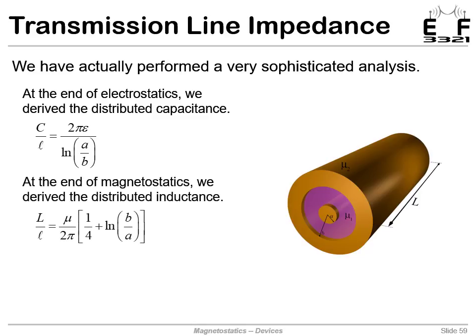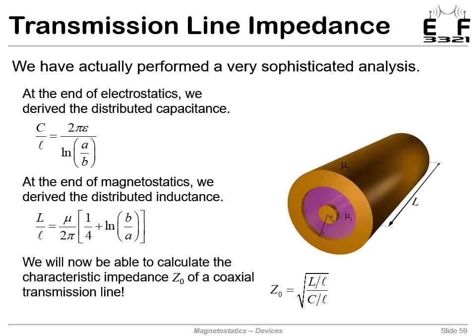We just finished describing the distributed inductance. Now this lets us do something pretty neat, and I'm jumping ahead in topics, which is really reserved for transmission lines. But we're in a position now to calculate the characteristic impedance of the transmission line. And the characteristic impedance is the square root of the distributed inductance divided by the distributed capacitance. So we can do that now.